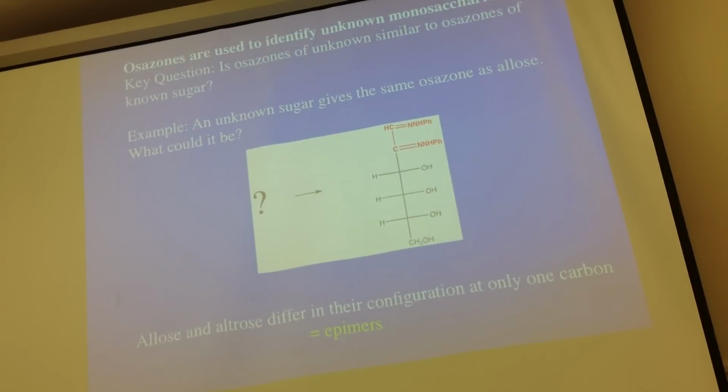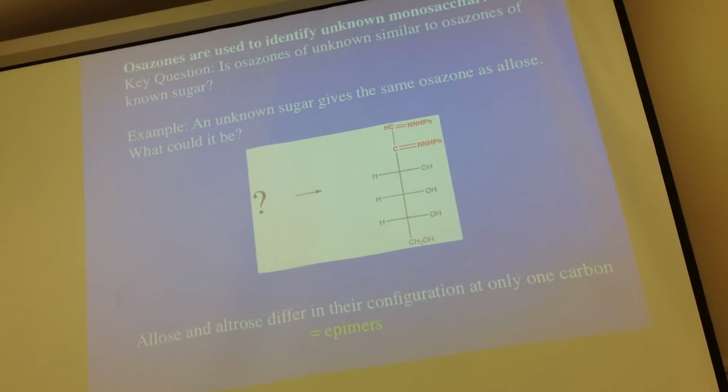Okay? Now, a vocabulary word for you. If you look at your list and you look at allose and altrose, they have an aldehyde. The bottom 3 are the same. They differ only in which way that second carbon, your first chiral carbon, which way the OH points. That's the only difference between those 2.